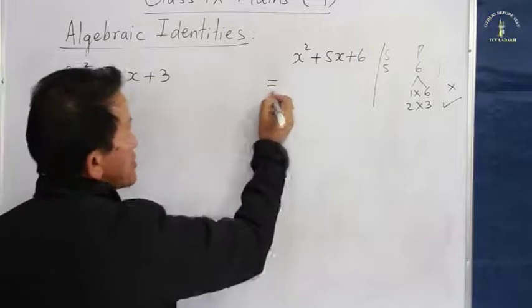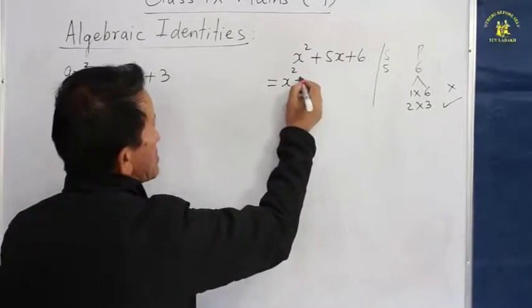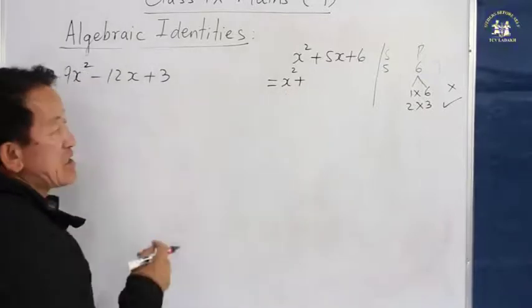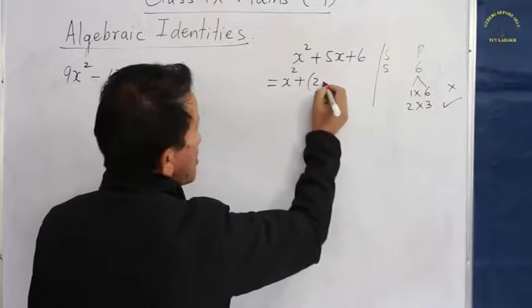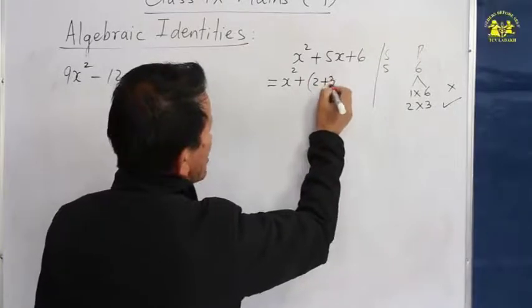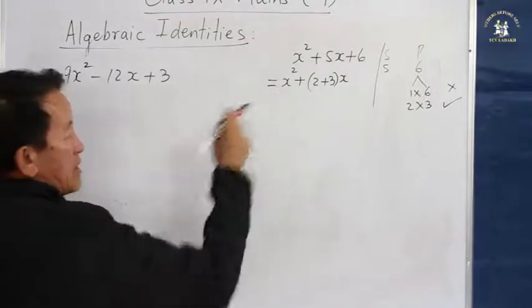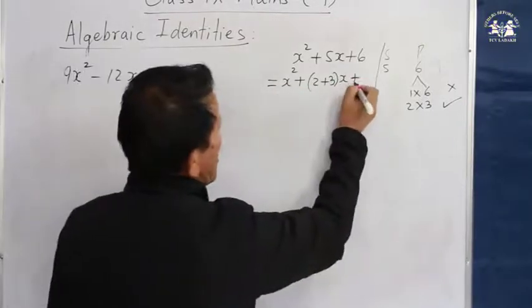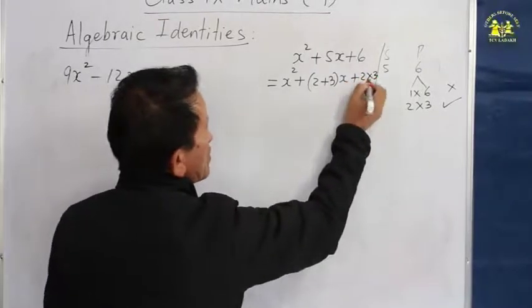So the normal procedure is x squared plus, using the identity we have, the two numbers are 2 and 3. 2 plus 3, main variable is x, plus 2 into 3.